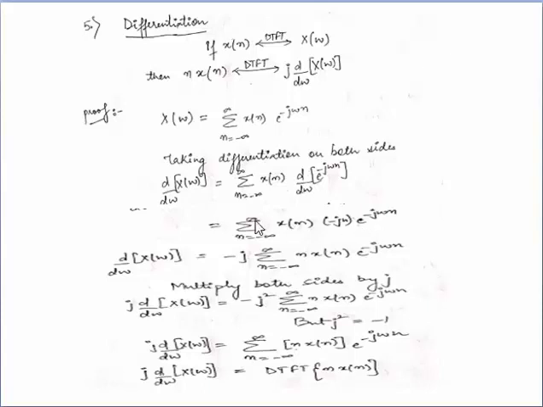Take the minus j as common. It becomes minus j into summation n tends to minus infinity to infinity n x of n e raised to power minus j omega n. Now multiply both sides by j.